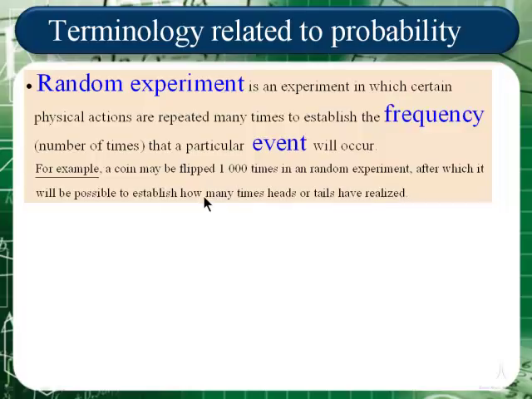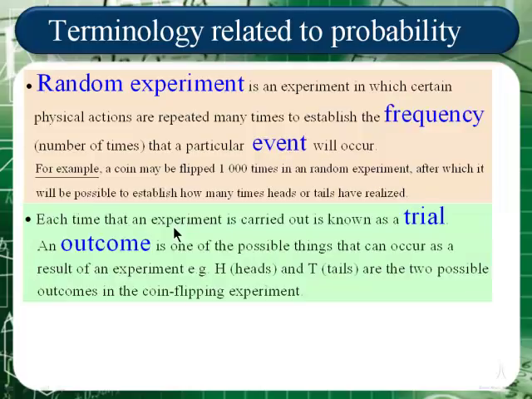So how many times the heads comes up is the frequency for heads, how many times tails come up is the frequency for tails, while the two events in this case will be heads or tails. Each time that an experiment is carried out is known as a trial. So in this previous example, there will be 1,000 trials.